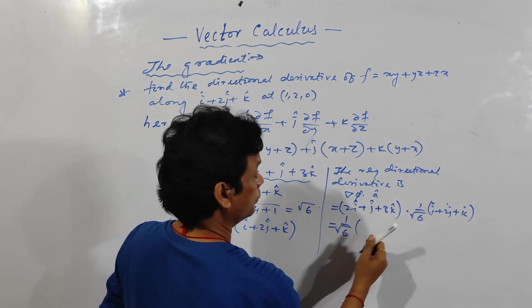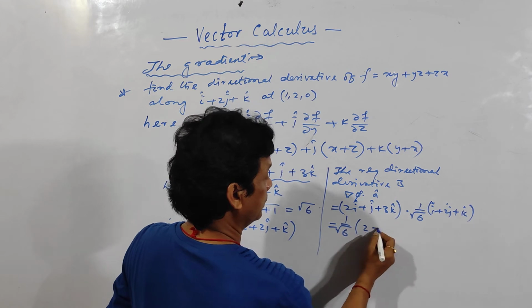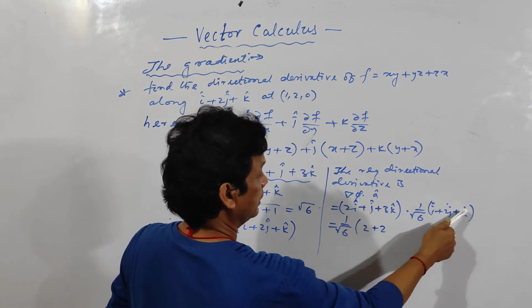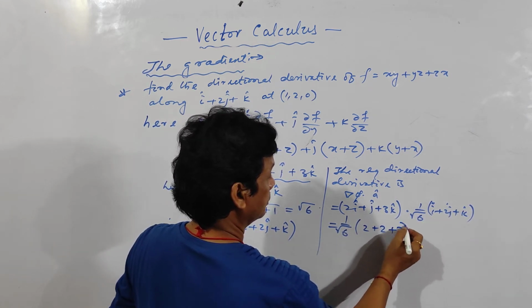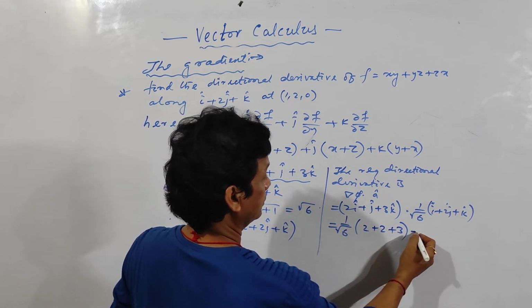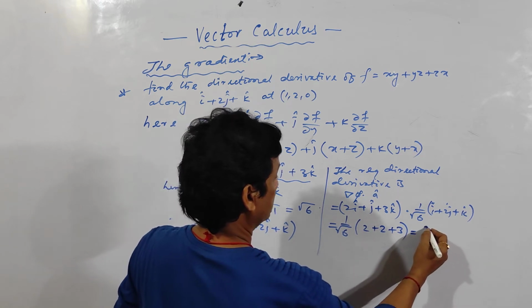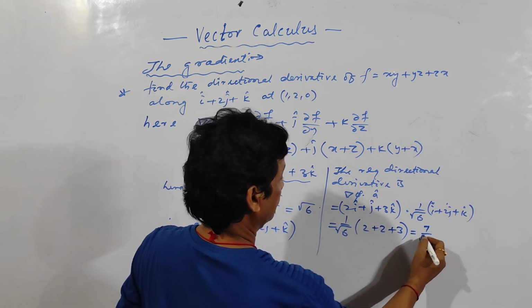Now 2 into 1 is 2, then 1 into 2 is 2, then 3 into 1 is 3. Adding, 2 + 2 + 3 gives 7. So the answer is 7 by root 6.